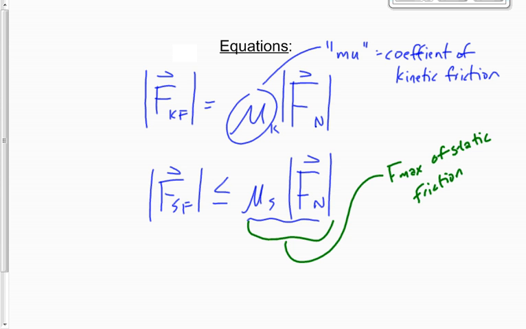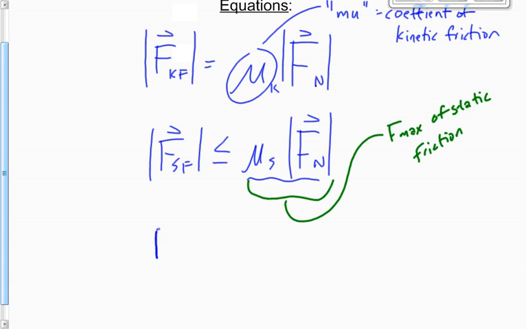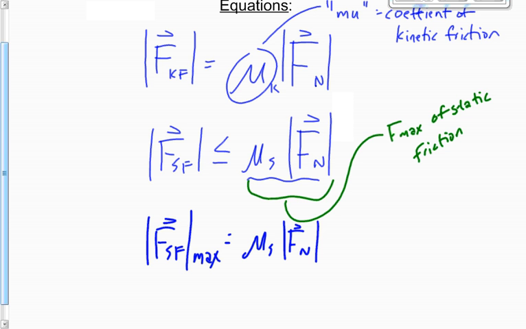So how do we solve for something in an inequality? Well, the reality is we don't. What we're going to do is change this around a little bit to turn it into an equation. We're going to say the maximum force of static friction is equal to mu times the normal force, the max force.